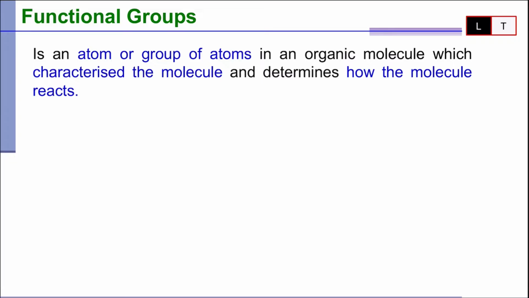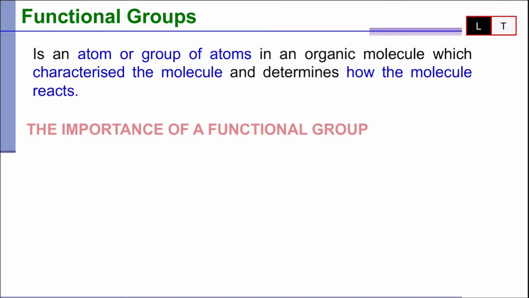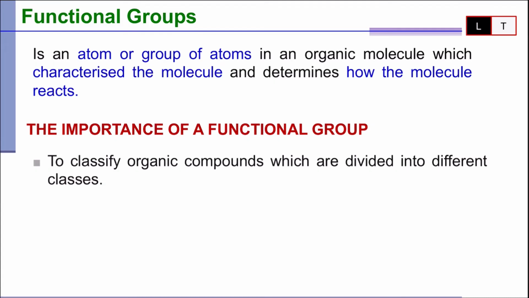Functional group is a group of atoms ataupun atom in organic molecules that give a character kepada molekul tersebut, dan dia juga menentukan macam mana molekul itu buat chemical reaction. So functional group ni sangat penting dalam chemical reaction for organic chemistry, di mana awak perlu guna functional group untuk classify organic compound.